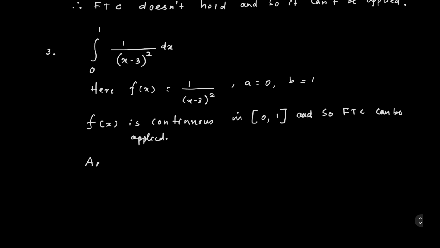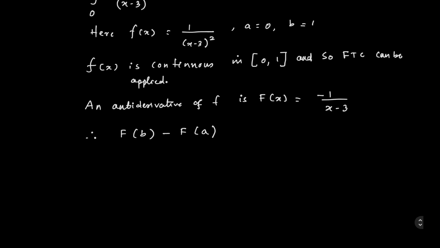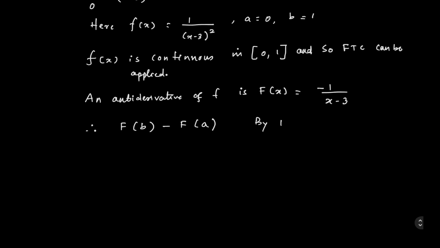So an antiderivative of f is F of x, that is equal to negative 1 over x minus 3. So therefore this answer will be equal to F of b minus F of a by FTC, the fundamental theorem of calculus.